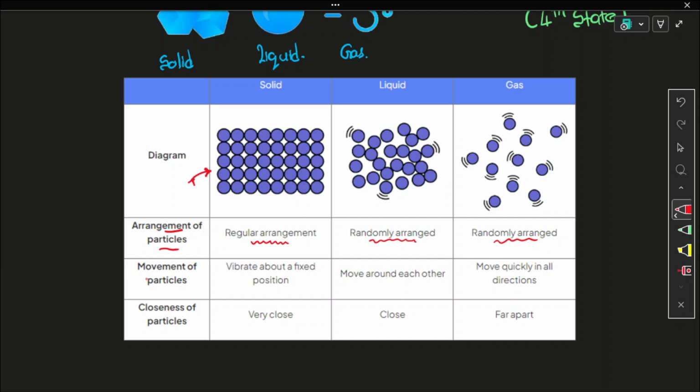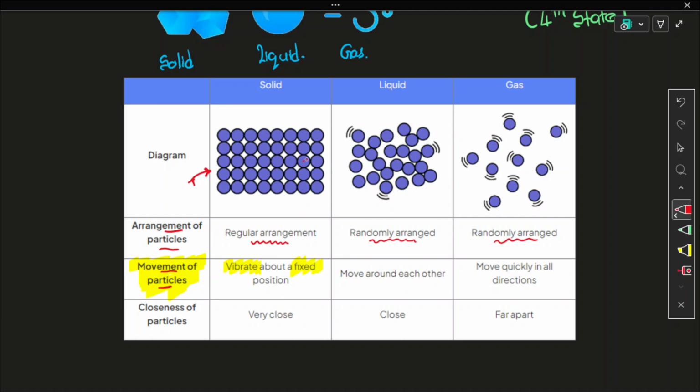Then let's just look at the movement of these particles, how exactly they move and behave. So starting off, we have solids. Solids vibrate about a fixed position. What exactly does that mean? I'm going to consider this particle right over here.